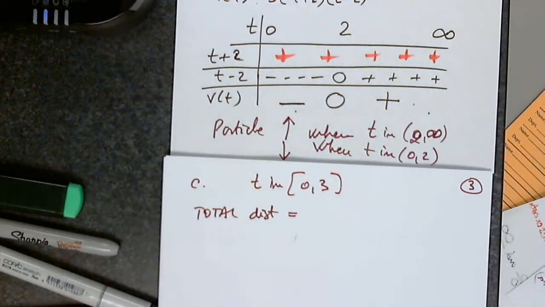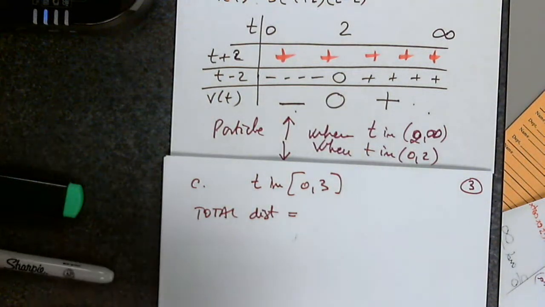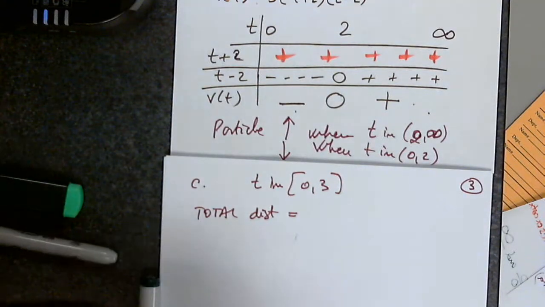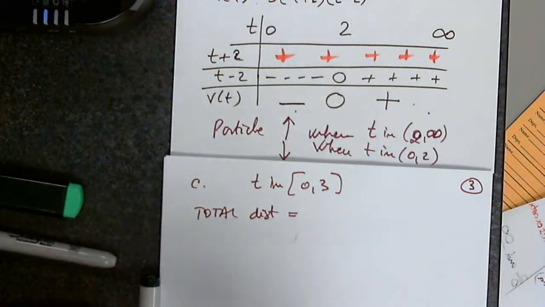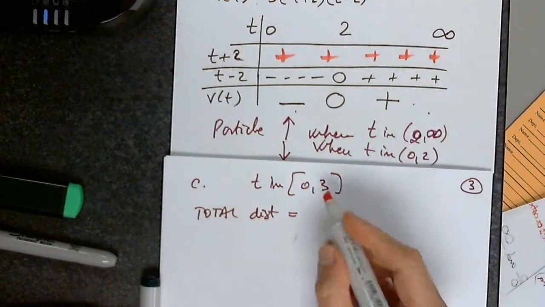How do I find the total distance? So remember, at time 0, the particle goes this way for 2 seconds, and then it comes up. I think you should plug in the distance equation, the time of 2.